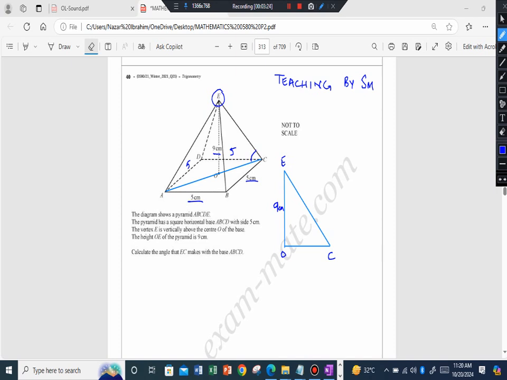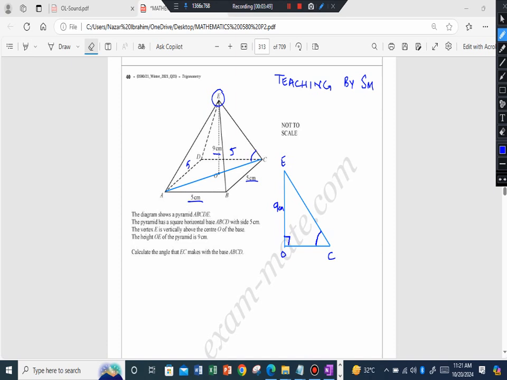So definitely, in order to take out this angle which the side EC is making with the base, we should know at least two sides, right? In order to solve any right angle triangle, we should have two sides to use trigonometric ratios, right? So let's first think of which side we can calculate.